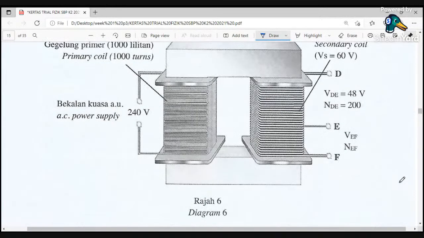Okay, you boleh nampak connection ya. Point of connection more than one. So you have point D, E, F. If you want to change the number of turns for the secondary coil, you can tap to DE or to DF or to EF. So you will have a different number of turns for secondary coil. Itu maksudnya multi-tap, boleh ubah tempat untuk disambung tu. Bila you sambung tempat yang berbeza, maka bilangan turns dia adalah berbeza.